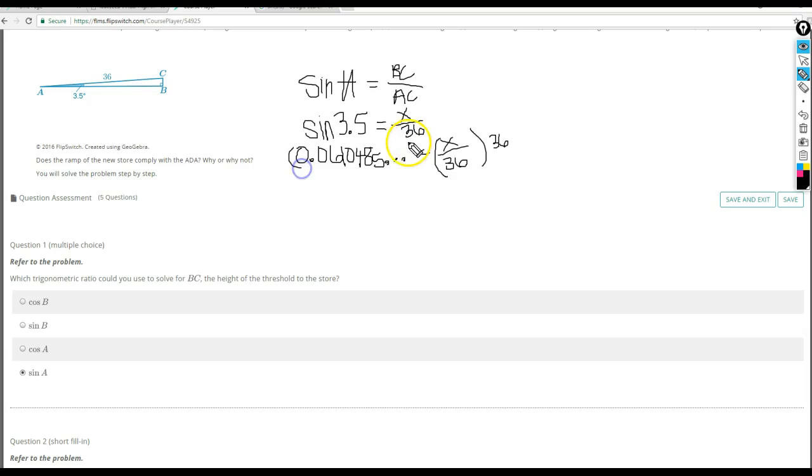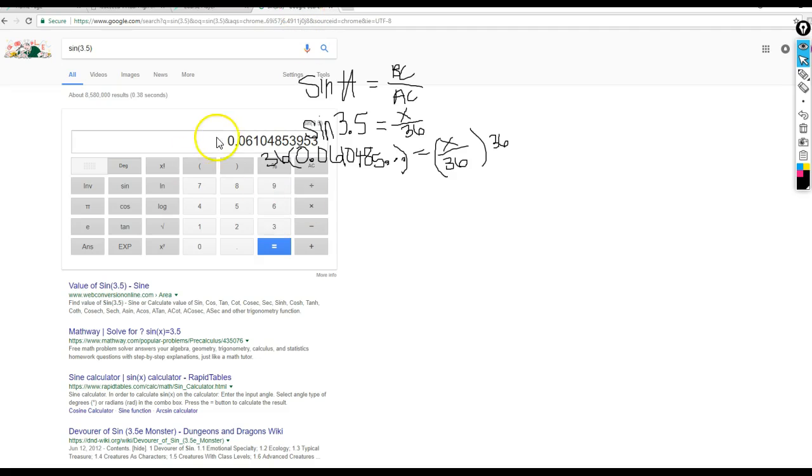So we're going to multiply both sides by 36. So 36 times the sine of 3.5, I'm just going to hit times 36.